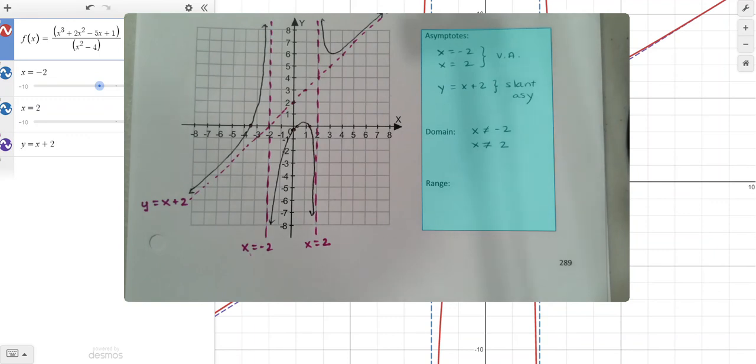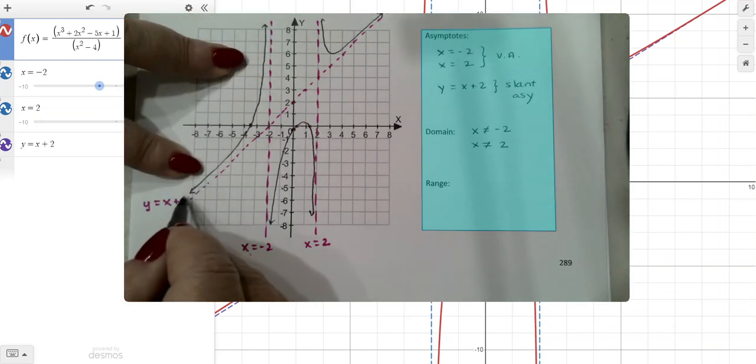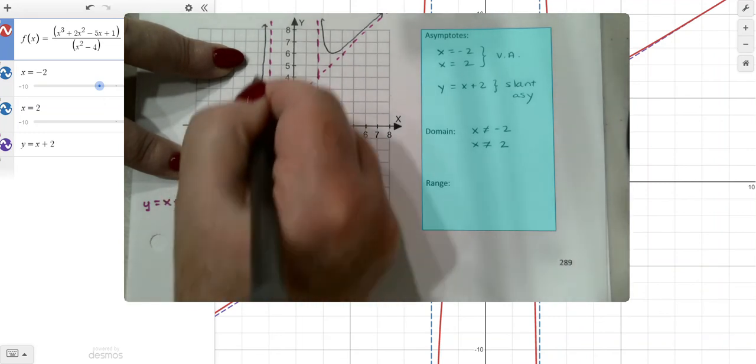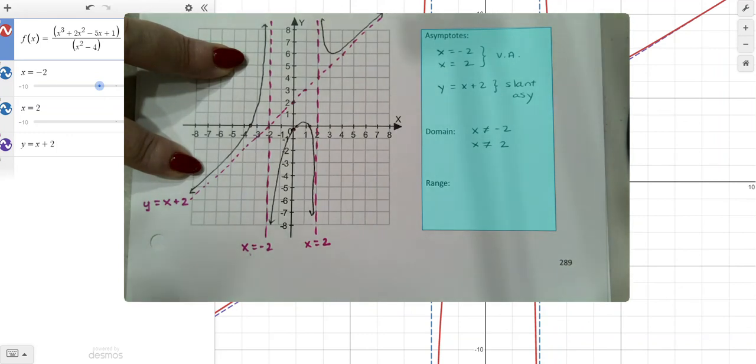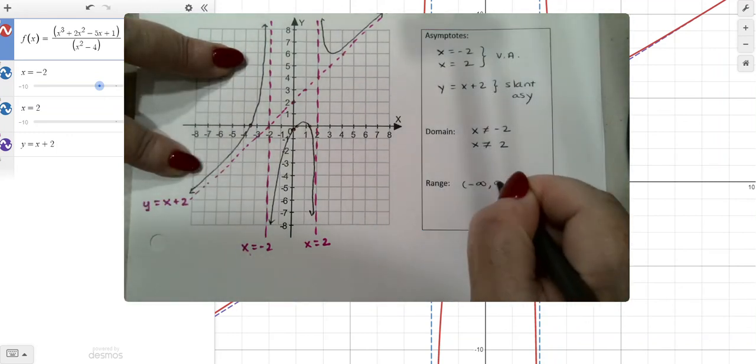And my range this time looks like -infinity to infinity. You can actually see it right over here on the left. This is going to keep going to the left and down toward -infinity, and then it goes all the way up and positive here. So it's going to cover everything from -infinity to infinity.